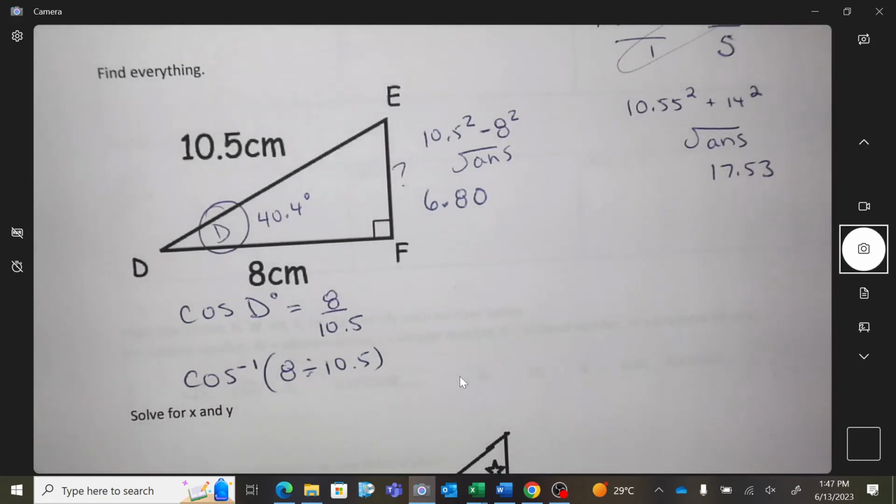And how would you get the top angle, E? What would be the trick there? There are a few things you could do, but what's the fastest? 180 minus, 180 minus.